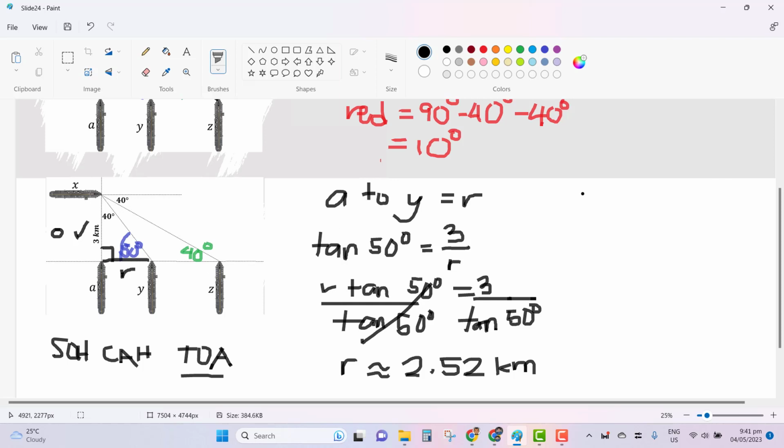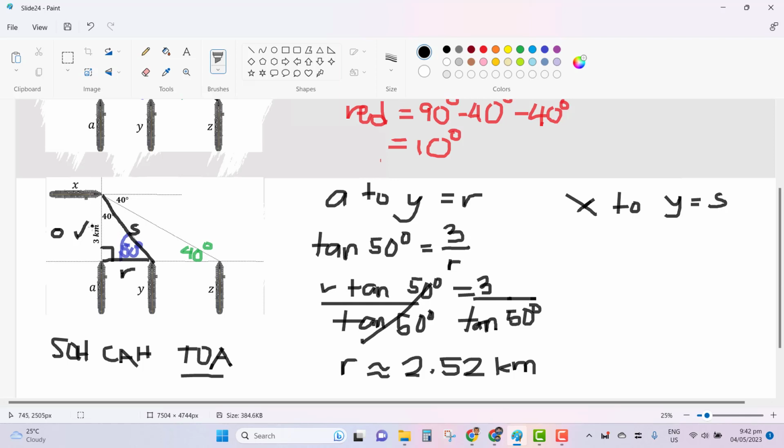The other measurement that we could solve using angle 50 is this distance from X to Y. Let's label this as S so that we can use another letter for that. With regards to angle 50, I know that some of you will get tempted to use R, which is approximately 2.52 kilometers.